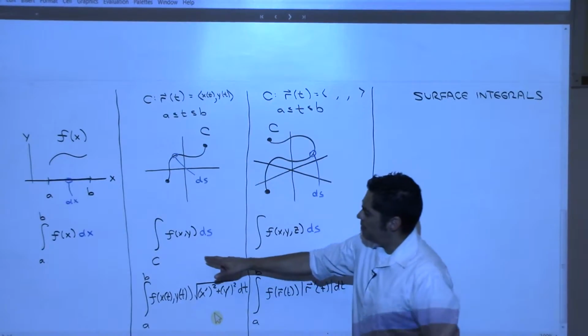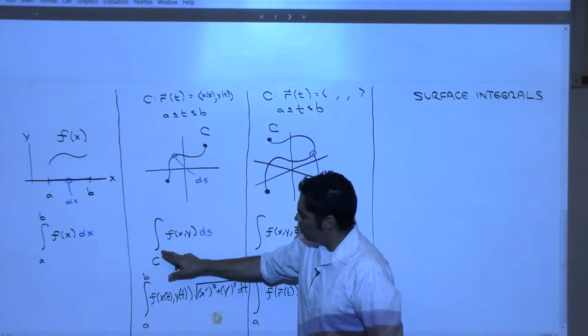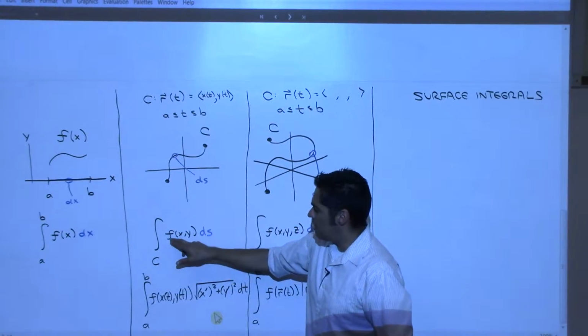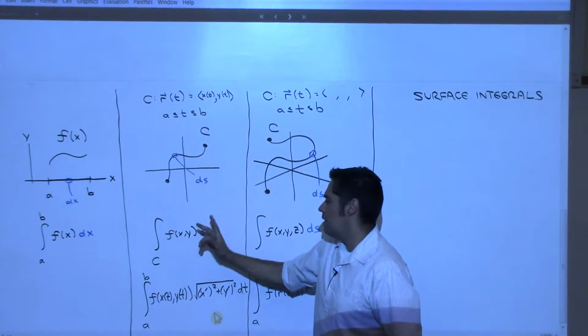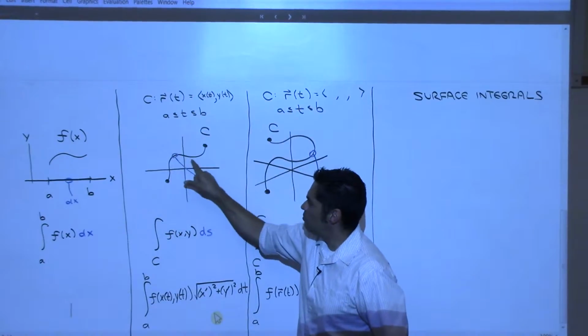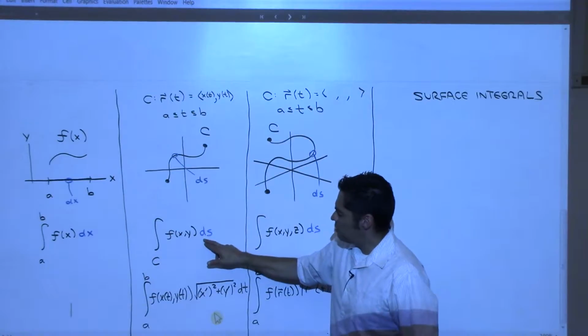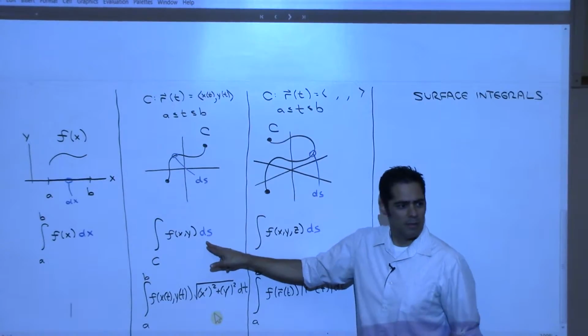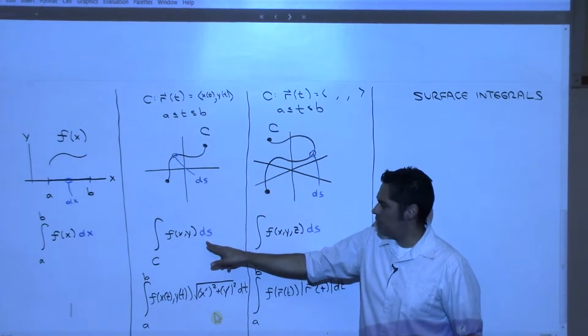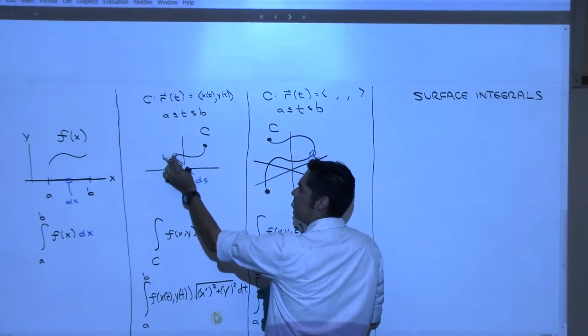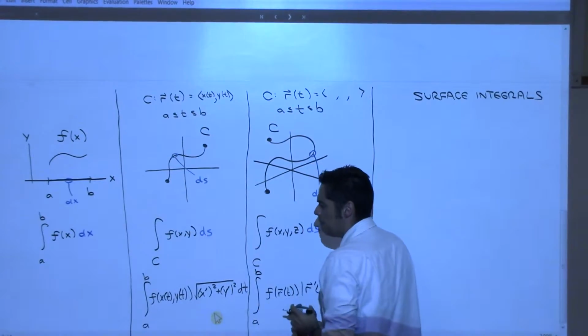And we define this line integral to be the integral over the curve C of the scalar function f of x, y. Now it has two variables because you have to know the x and y coordinates at each point. And with respect to, anyone remember what that was? ds? Arc length, right? So this little ds was this little infinitesimal arc length that we got from here, right?